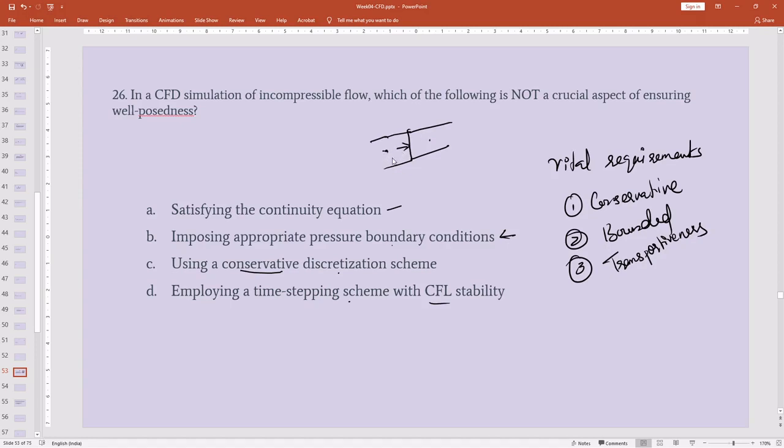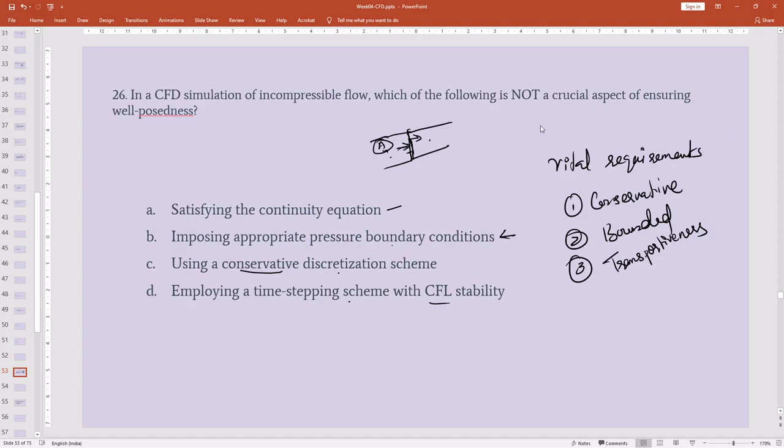The flux passing out of the exit wall of control volume A should reach control volume B without any loss. That is literally what we mean by conservativeness.